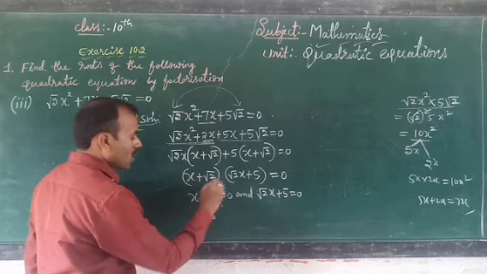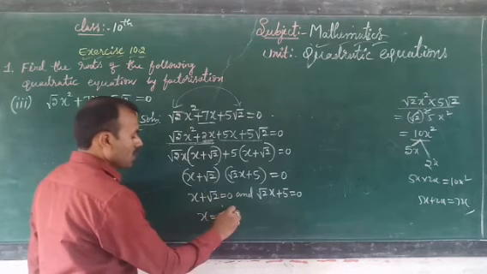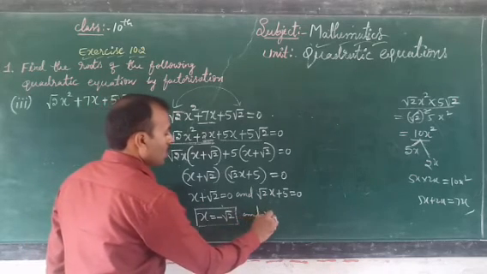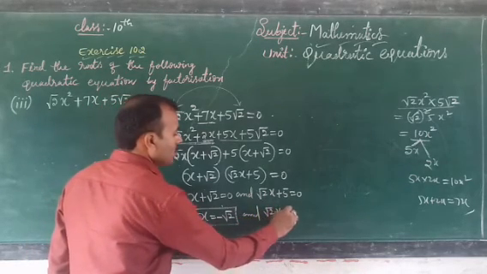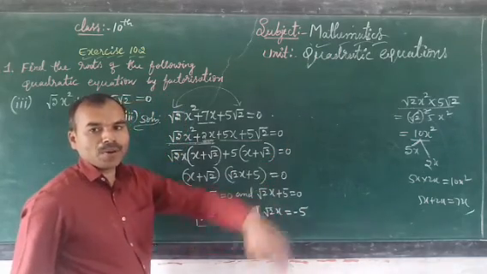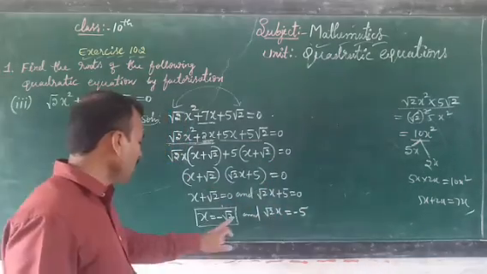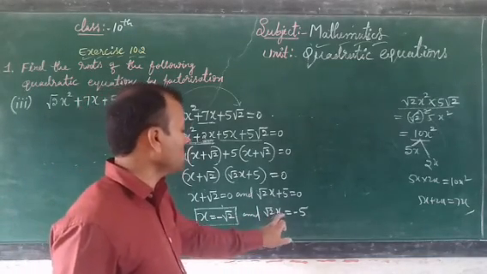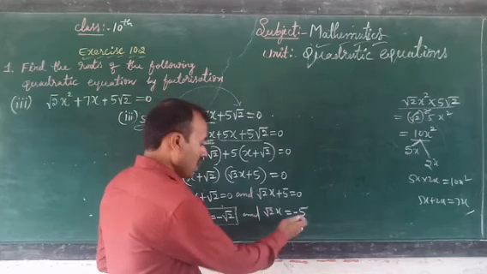Here x equals, transpose plus root 2, it is minus root 2. And here root 2x equals minus 5. Transpose plus 5 to the RHS. Here x equals minus root 2 and root 2x equals minus 5.